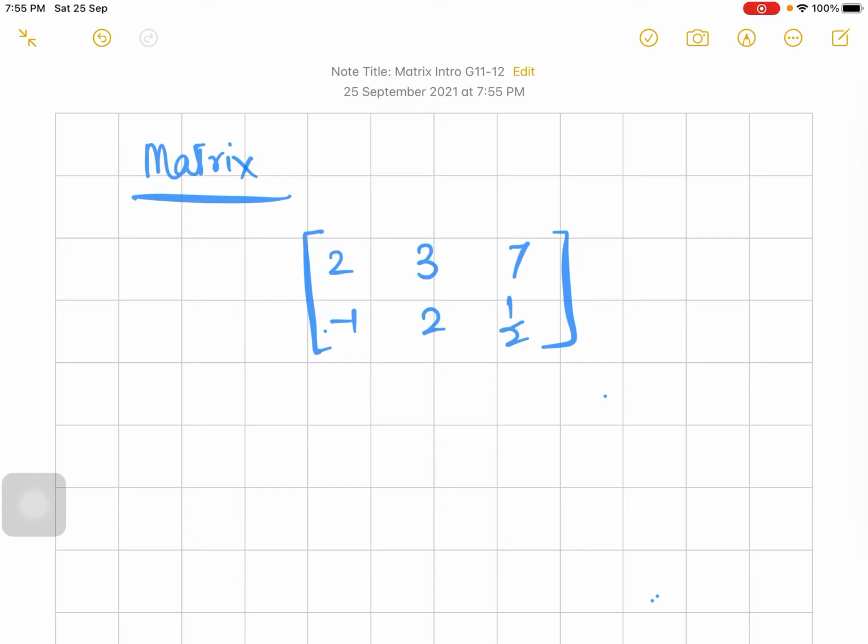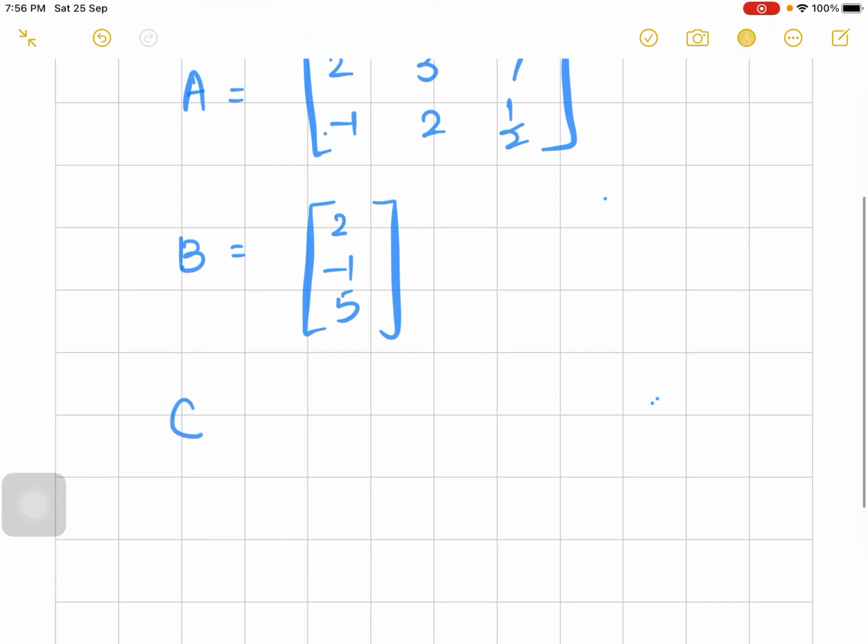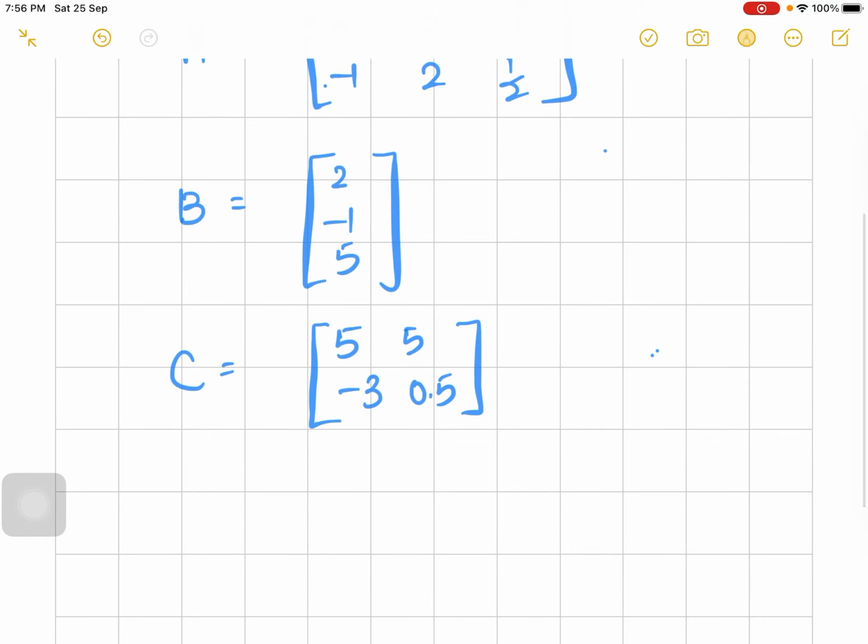I could have a matrix A, which is this. I could have another matrix B, that could be 2, -1, 5. I could yet have another matrix C, that could be 5, 5, -3, 0.5. Can you see how I'm reading the matrices? I could have another one which is 2, 5, 3, 2, 7, -1.